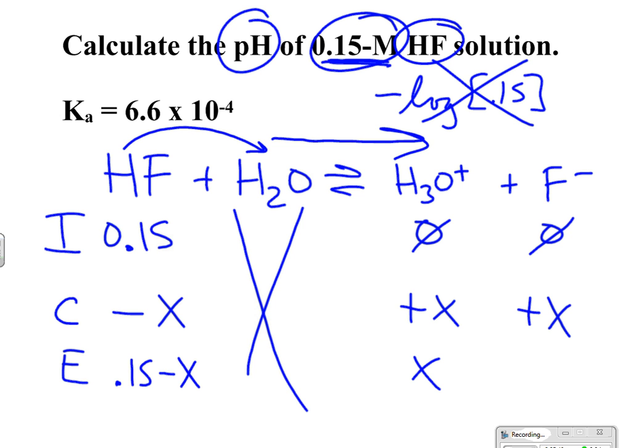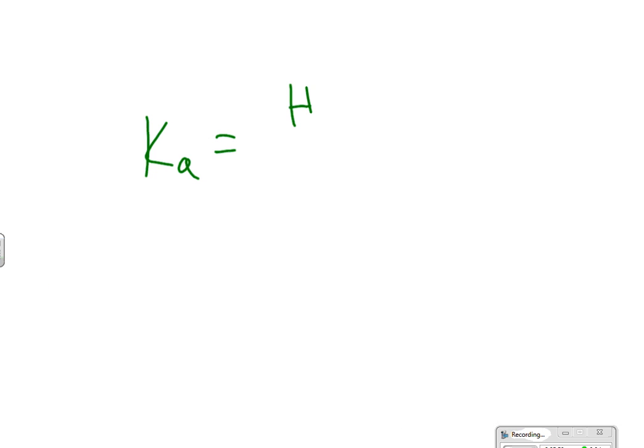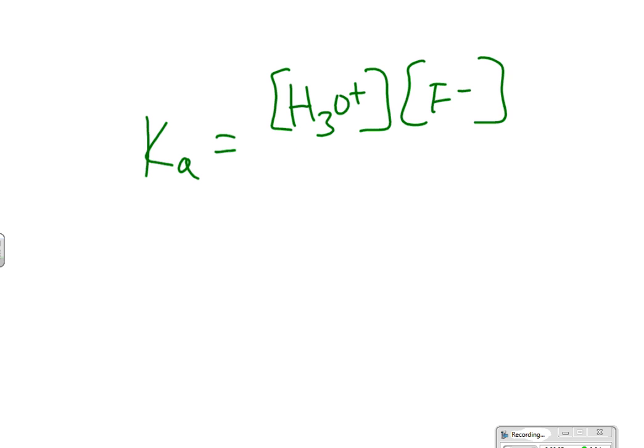That's my E line. Now, when I go to put this into an expression, Ka is equal to the concentration of H3O plus to the first and F minus to the first over HF.